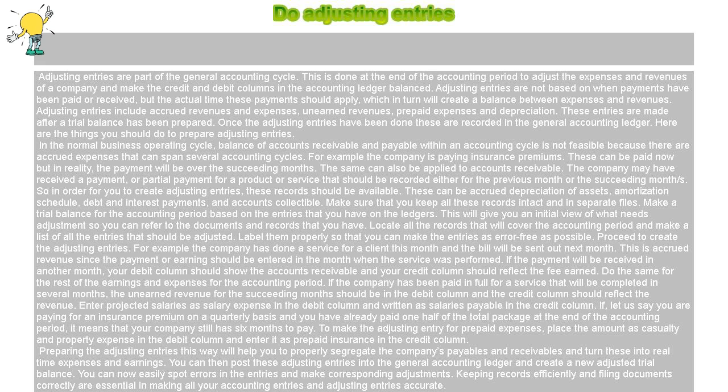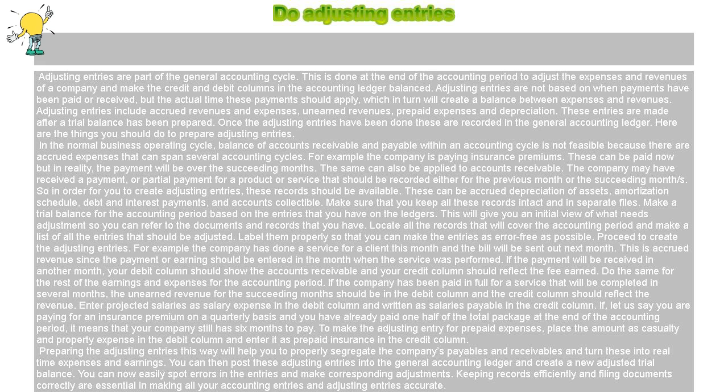If the payment will be received in another month, your debit column should show the accounts receivable and your credit column should reflect the fee earned. Do the same for the rest of the earnings and expenses for the accounting period.